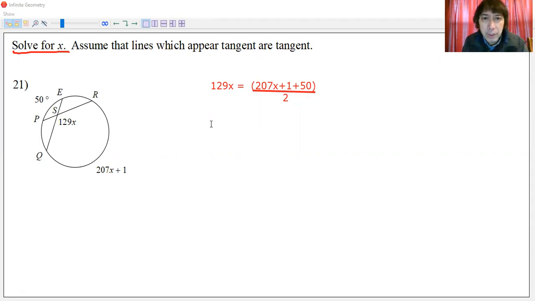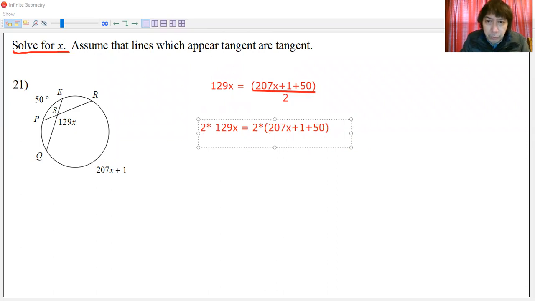So we have 2 times 129x is equal to 2 times that quantity, 207x plus 1 plus the 50, divided by 2. And so the 2 and the 2 divide, and we have a simpler equation here.